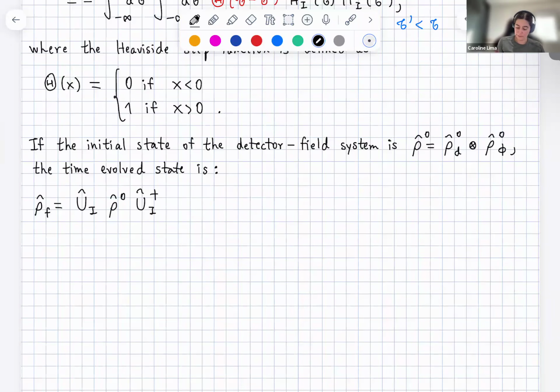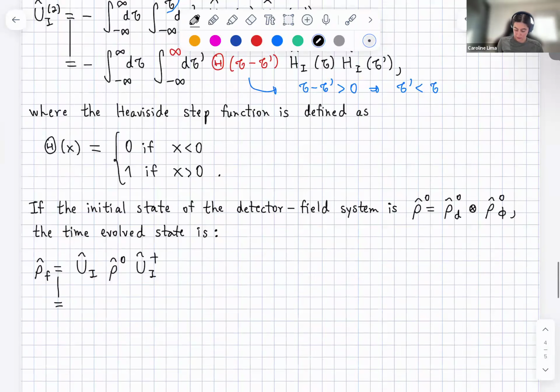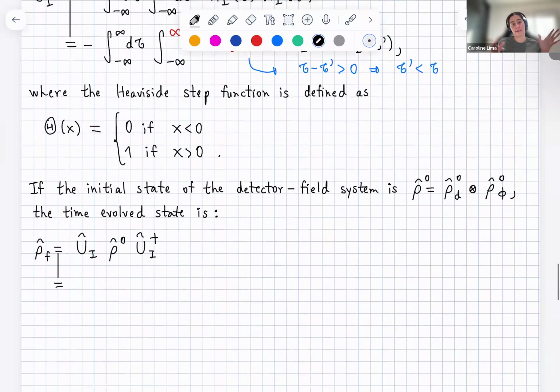Now, if I expand this into the terms that we have here, first, if I'm just acting with identity on both sides, I'm going to get rho 0. Then I can act with U1 on one side and identity on the other side, or identity on the left side and then U1 dagger on the right.